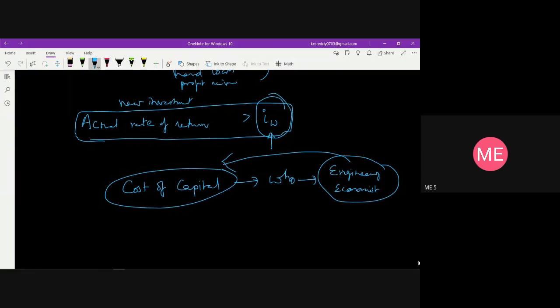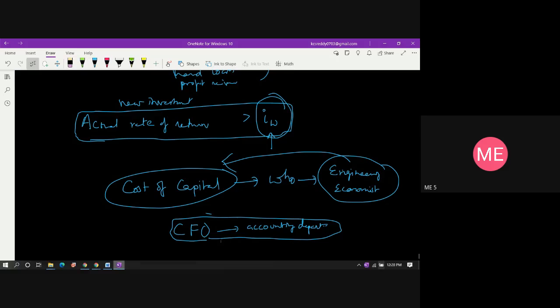It will also be determined by the chief finance officer, the CFO, in conjunction with the accounting department. So this is the cost of capital concept which I wanted to discuss.